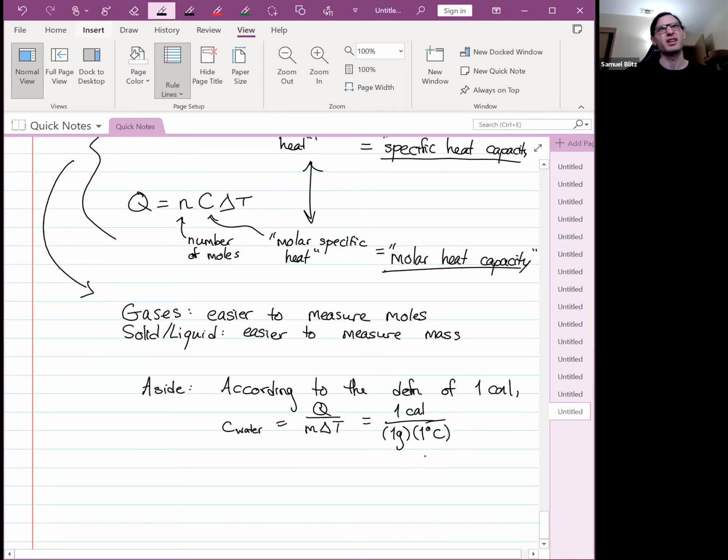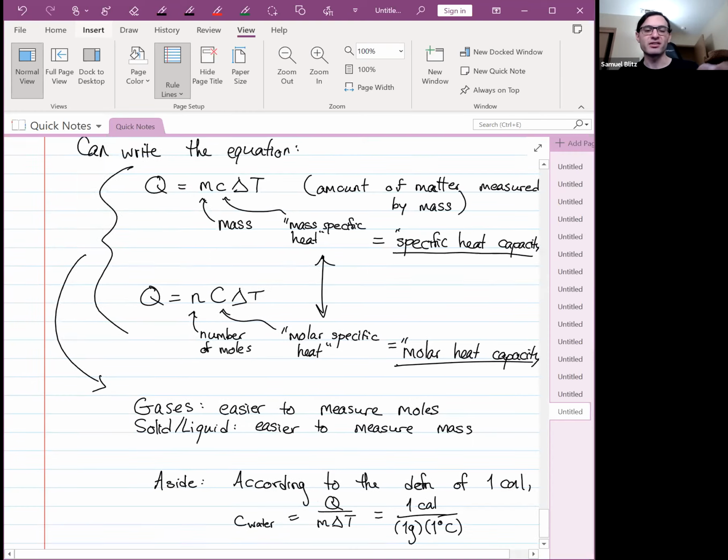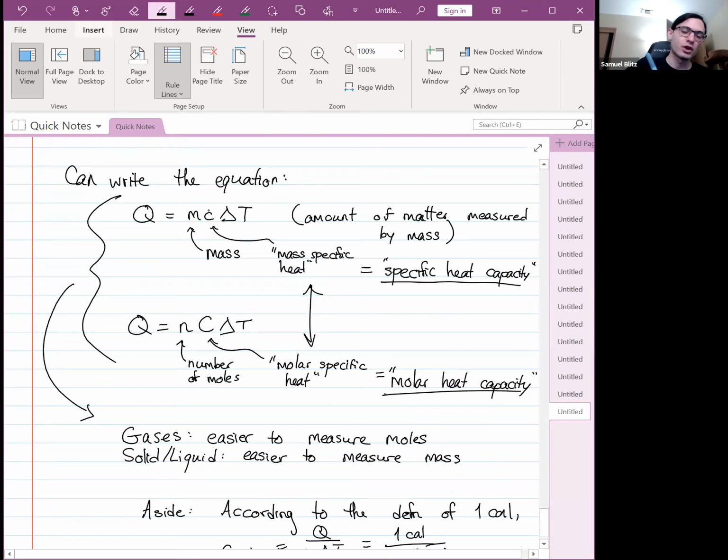And so you can calculate that, and it's something like 4,186 joules per kilogram Celsius. By the way, the units for these things are exactly what you would expect. For lowercase c, the mass specific heat or the specific heat capacity, Q has units of joules, mass has units of kilograms, c has units of unknown, and delta T has units of, say, degrees Celsius.